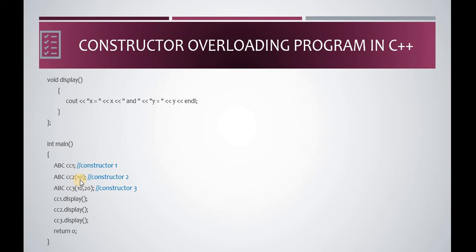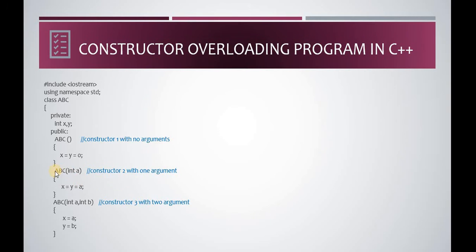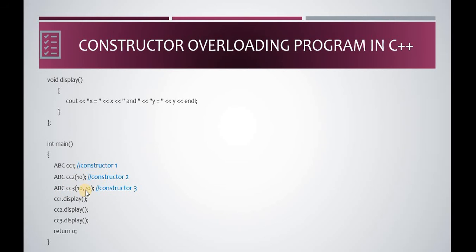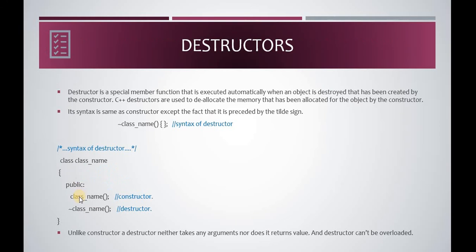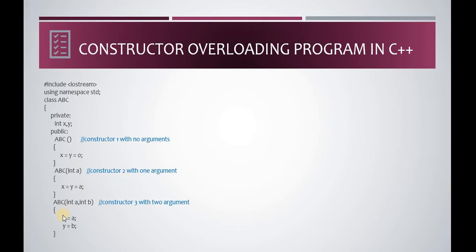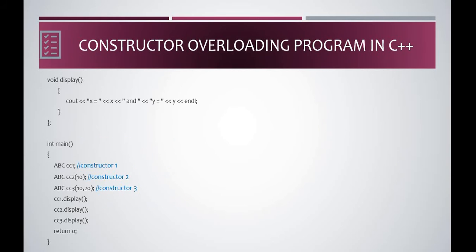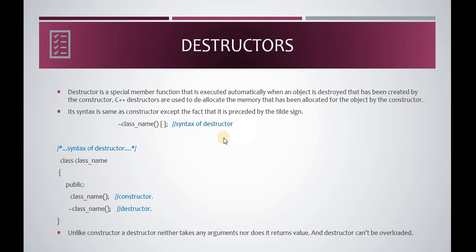In the same way, if we pass one value, it will call the constructor which has one parameter, and if we pass two parameters, it will call the constructor which takes two parameters. That's the way constructor overloading works. Hope you have understood this.